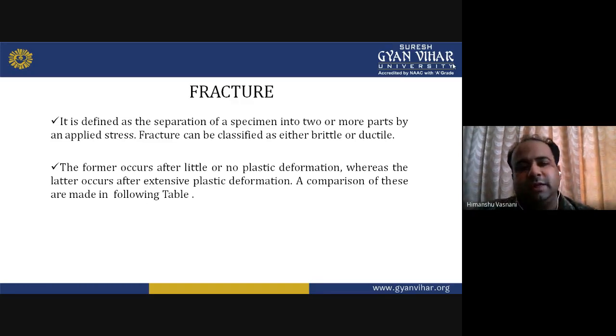So these materials are classified under ductile and brittle fracture. The former occurs after extensive plastic deformation, whereas the latter occurs with little or no plastic deformation. So we have to understand the basic difference between these two.